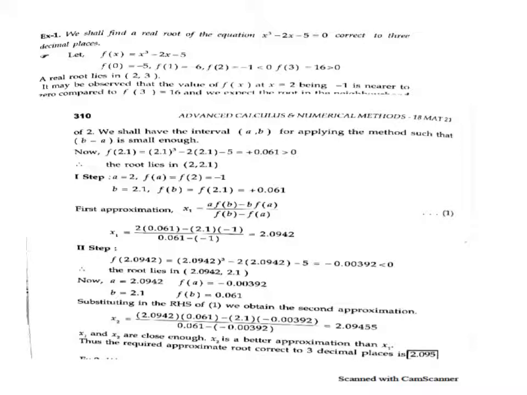Hence we say the approximate root of the given equation is 2.094, or rounded up, the value 2.095.